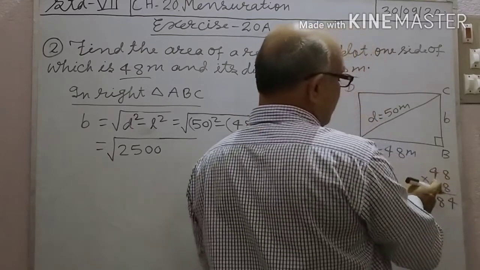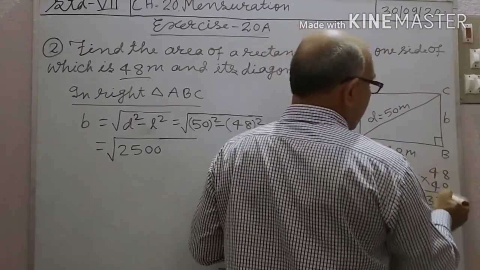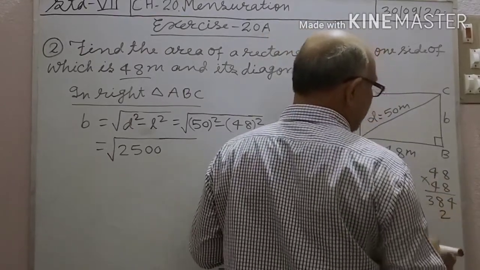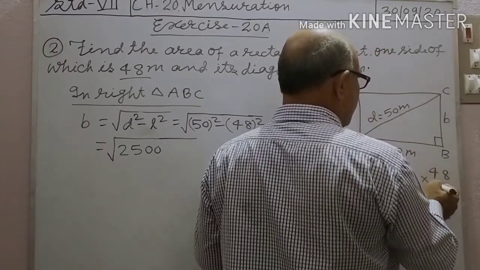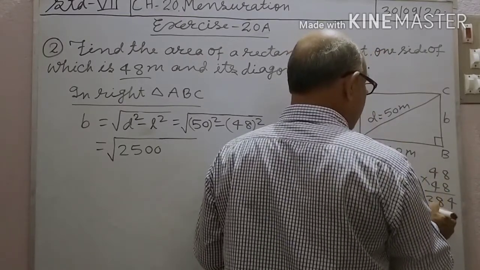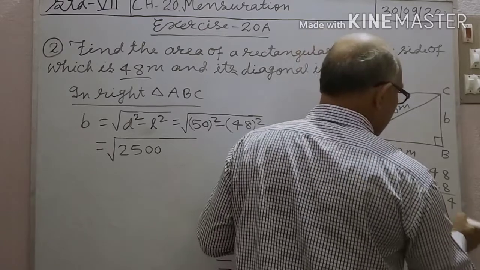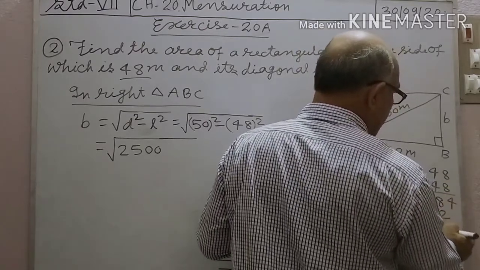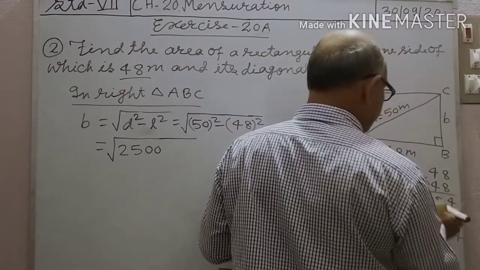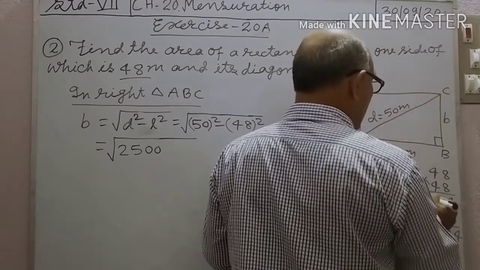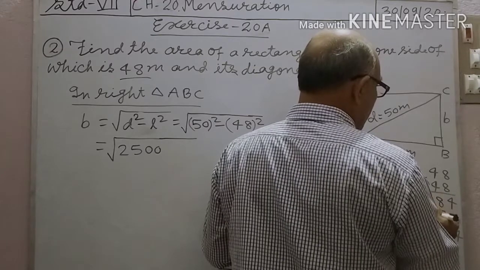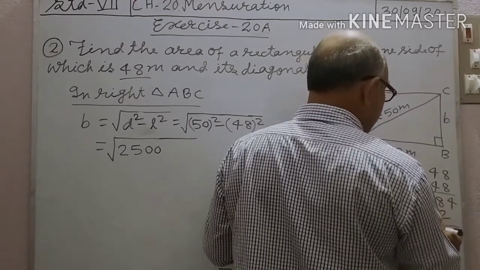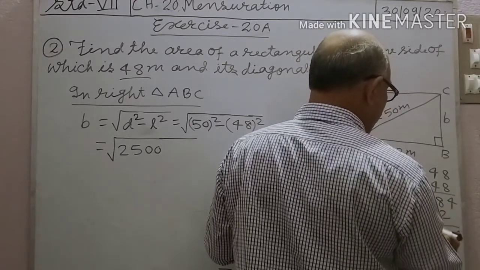And 48 multiplied by 4 tens. 8 4s are 32, write 2, carry 3. 4 4s are 16, plus 3, 19. Add it. 4, 8 plus 2, 10, write 0. Carry 1, 3 plus 1, 4. 4 plus 9, 13, write 3. Carry 1, 1 plus 1, 2.